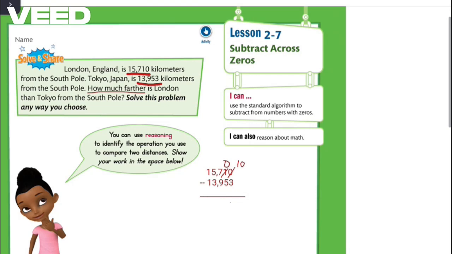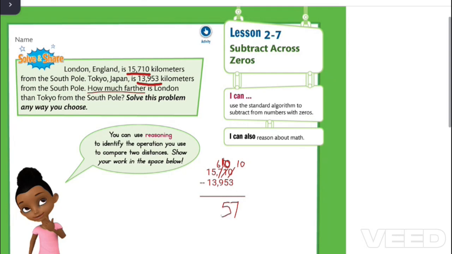That is going to be 7. And 0 minus 5, we run into the same issue again. We cannot take away 5 from 0. So we're going to regroup. Our 7 is going to turn into a 6, and our 0 is going to turn into a 10. 10 minus 5 is going to give us 5.